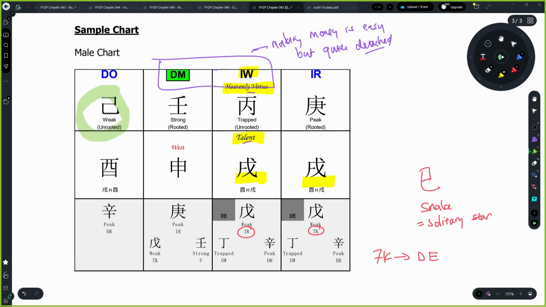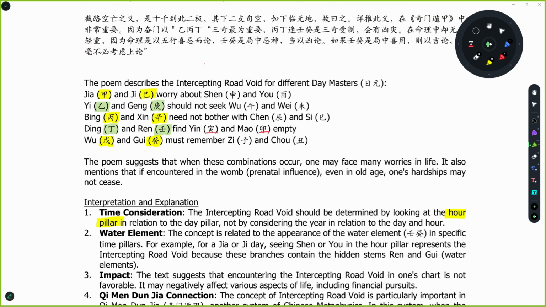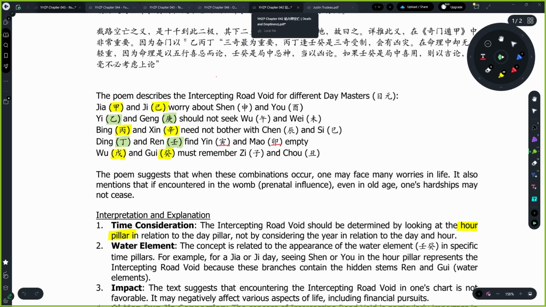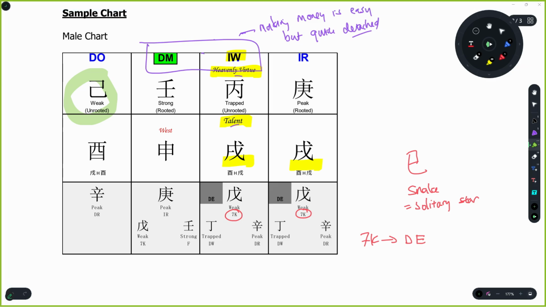For a Ji earth, we may find that the ones on the intercepting road void would be Shen, the monkey, and You, the rooster. And if it's a rooster, then when we look at the chart, the rooster is here.